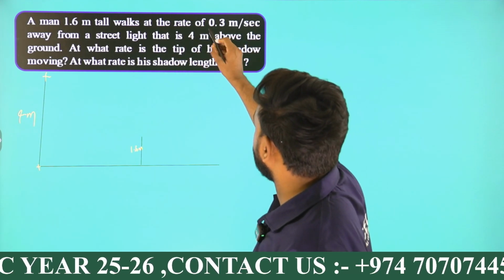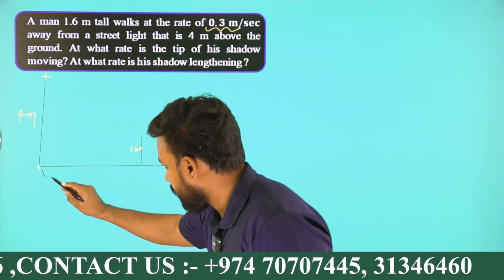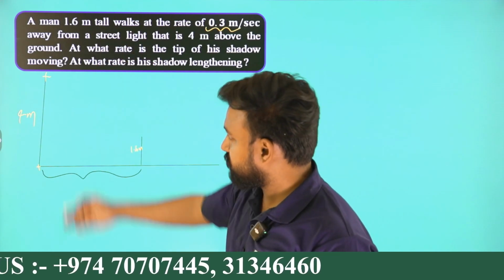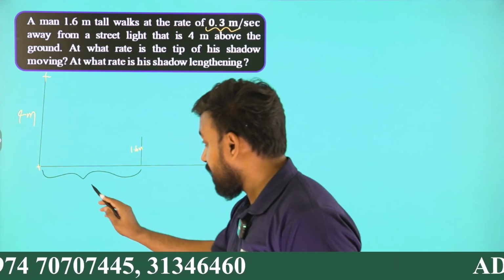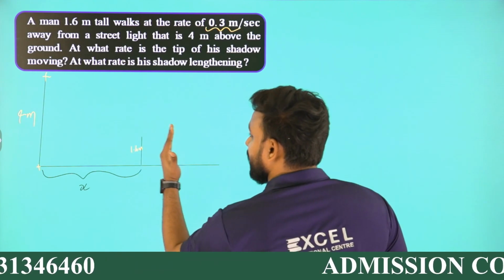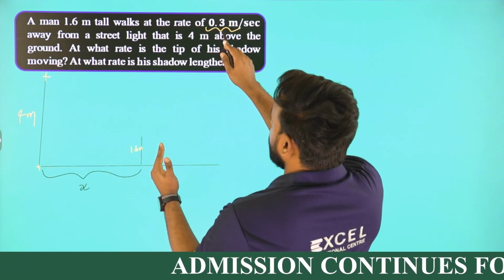So walks at the rate of 0.3 meter. So listen, this is the distance between the street light and the person. I'm calling it x. So what they said, this person is moving away from the street light at the rate of 0.3 meter per second.